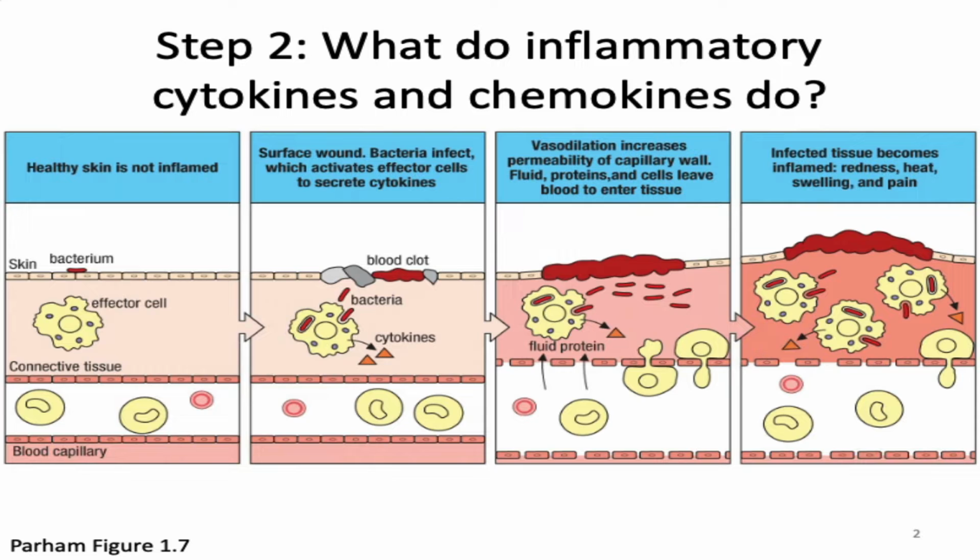Chemotactic or chemotaxis means movement in response to chemicals, like movement towards or away from a chemical. So the idea with a chemokine is that it's a cytokine that makes other cells move. In fact, there's this really great cartoonist who does immunology cartoons. Sometimes you will see them that I'll randomly put them in.